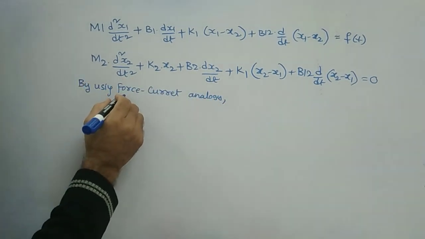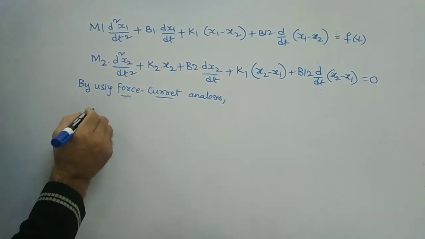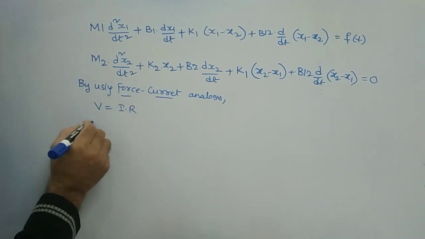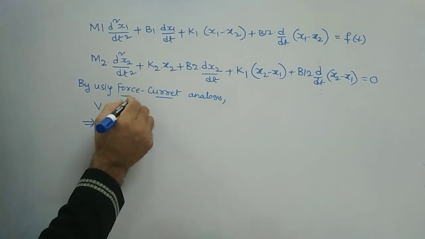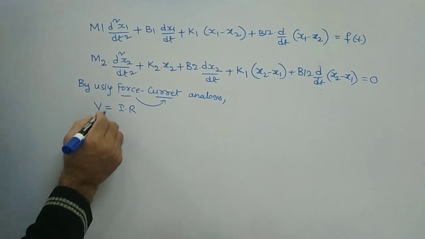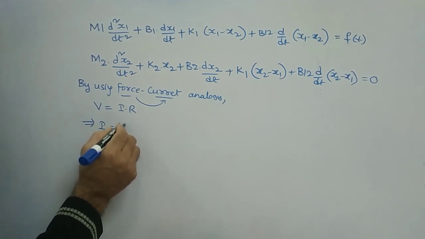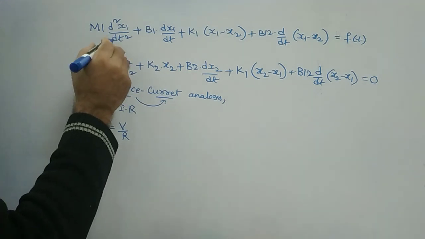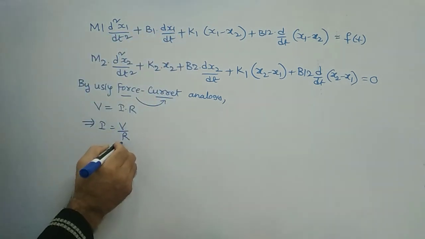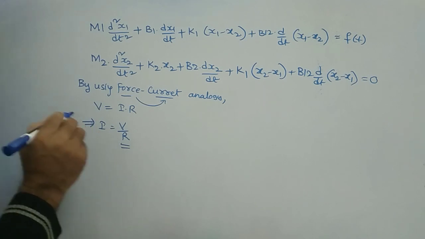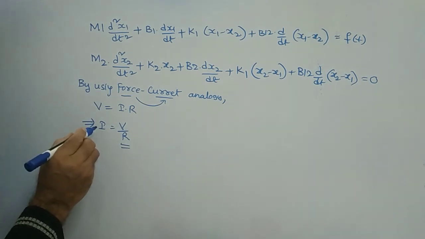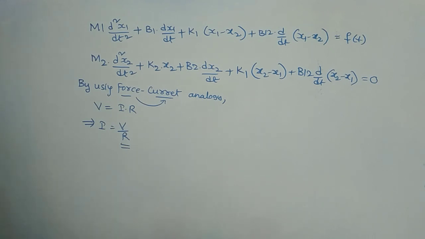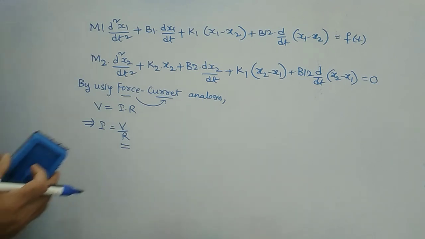Remember that in force to current analogy, from Ohm's law, V is equal to I into R, so I is equal to V by R. It means you must write all these elements in such a way that they equal I. Actually we have to write I is equal to V by R.